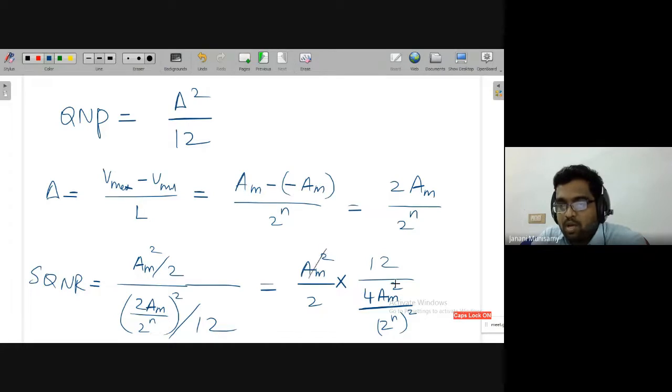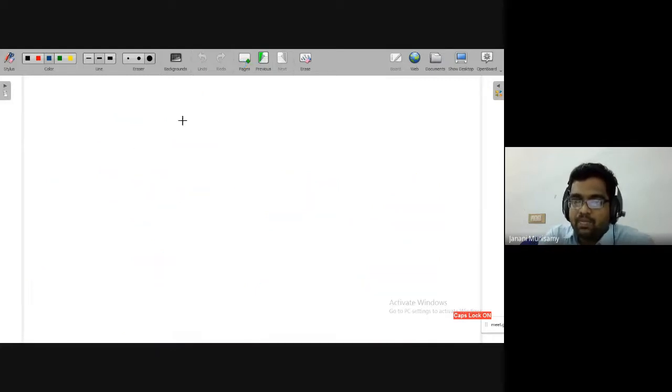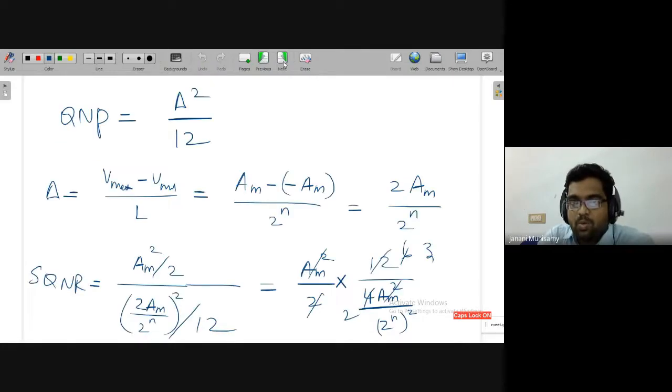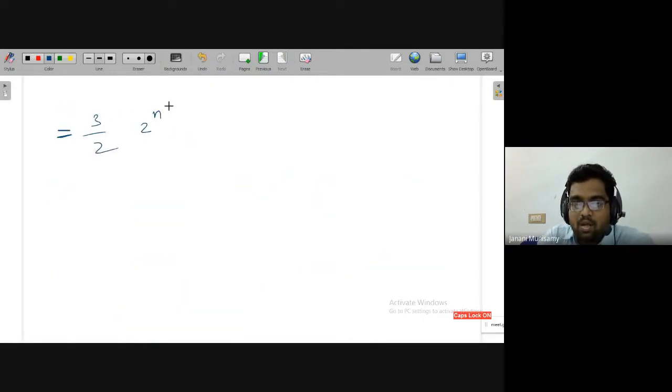So AM square cancels. 12 divided by 2 is 6, then 6 by 4 gives 3 by 2. This 2 power n whole square goes upwards. So 3 by 2, 2 power n whole power 2.